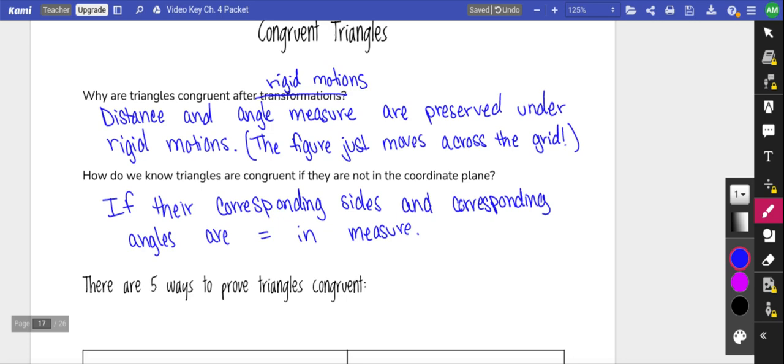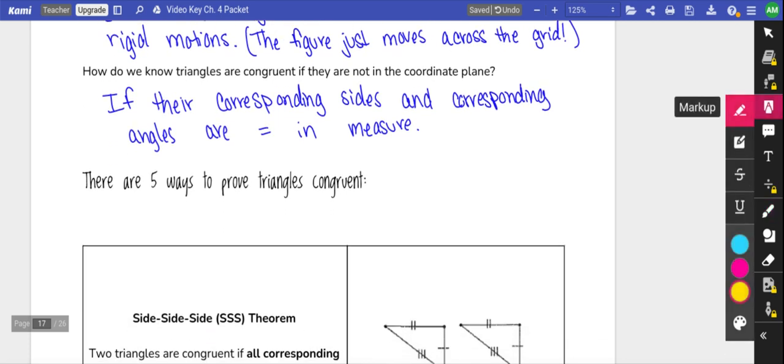And there are 5 ways, I should say, not main, to prove triangles congruent. And we're going to go through each example below.